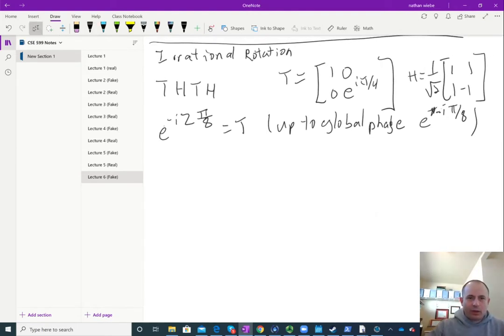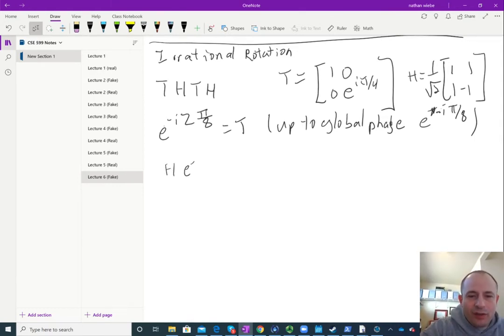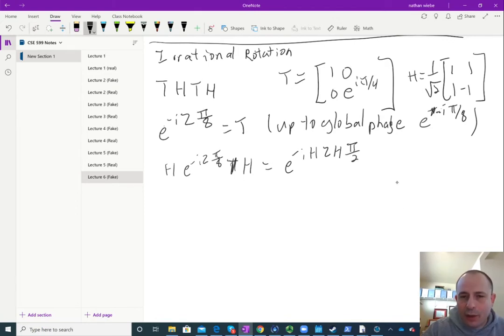Now, recalling the fact that H e to the minus i Z pi by 8 H is equal to e to the minus i H Z H pi by 2. And here I'm using a property that U e to the A U dagger is equal to e to the U A U dagger.